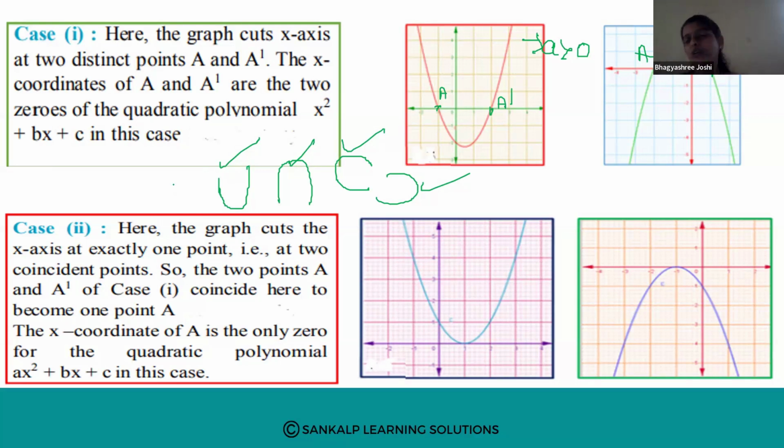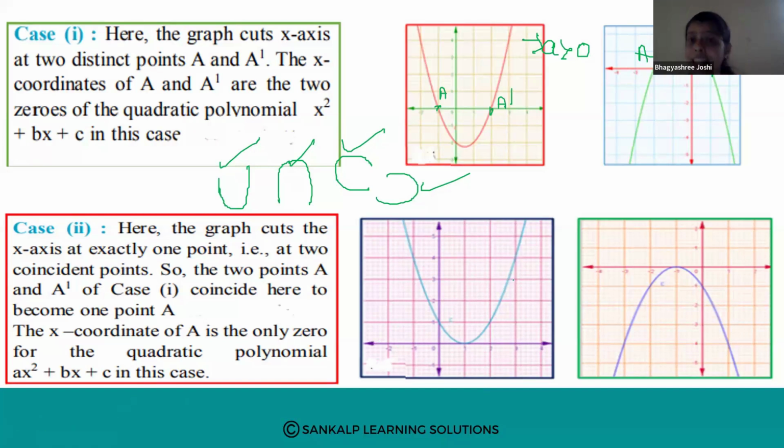Namge gotu linear polynomial 1 irutte, quadratic polynomial 2 irutte, cubic 3 irutte, ashte namge gottiratte. But what I told, maximum 2; at most 2 or less than 2 is also possible. That means when your zeros are equal, then you will get only 1 zero.